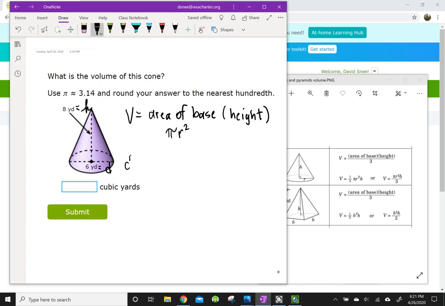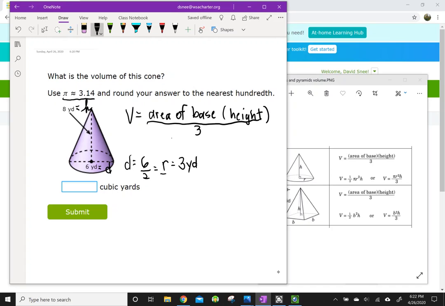If the diameter equals 6, then I have to divide by 2 to find the radius. And the radius is equal to 3 yards. I'm told that I need to use 3.14 in place of pi.